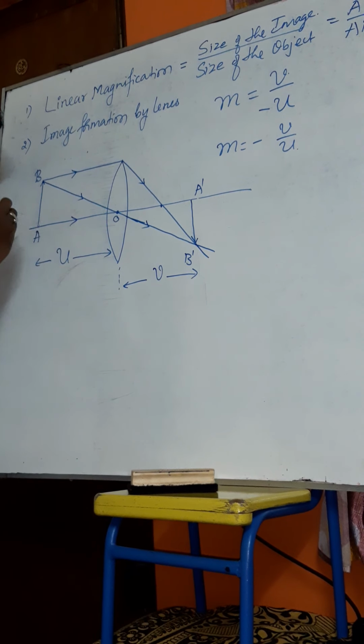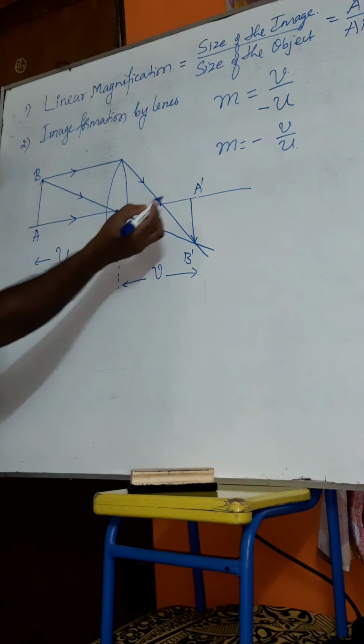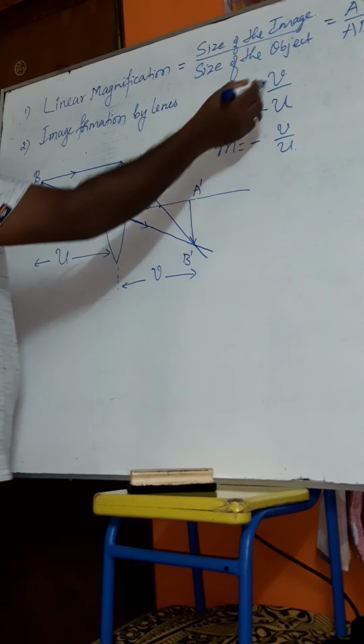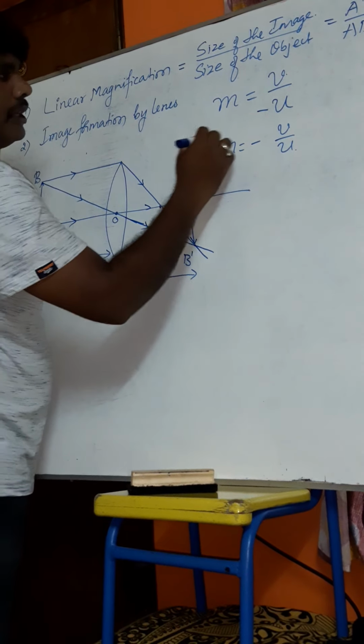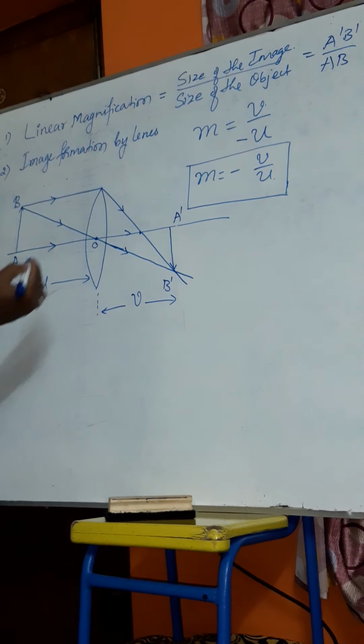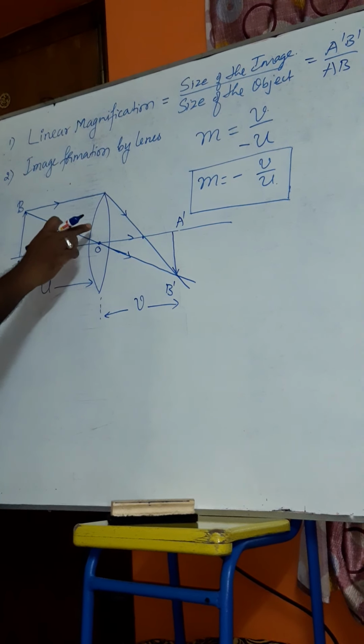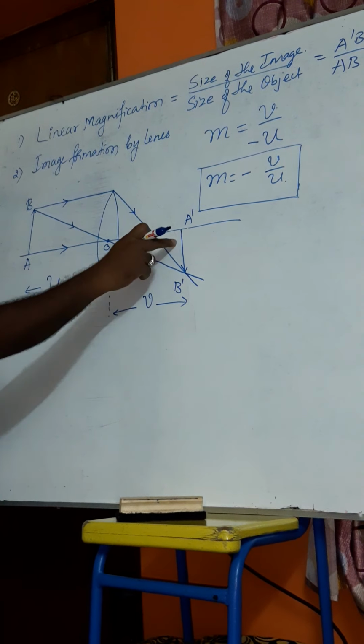Since it is opposite to the incident ray, that's why it is negative, minus u. Along the direction of the incident ray, it is taken as positive. Therefore, linear magnification m is equal to minus v by u. This is for a convex lens producing a real image.